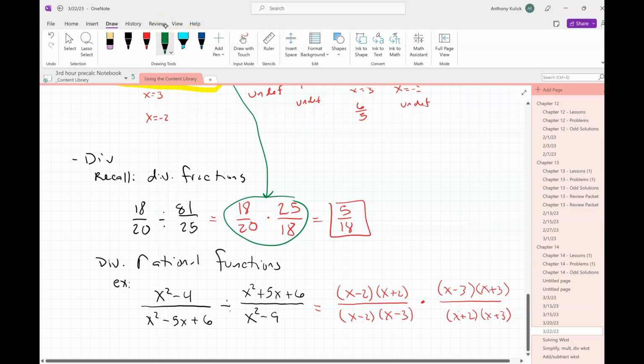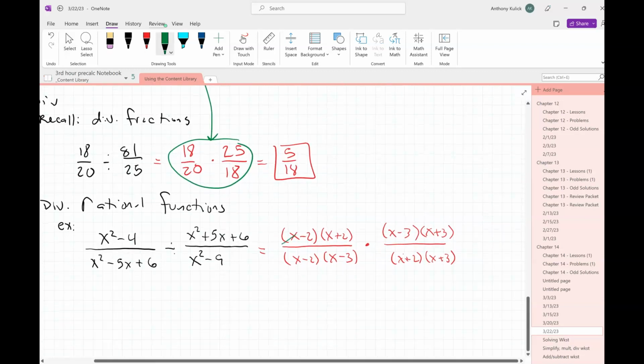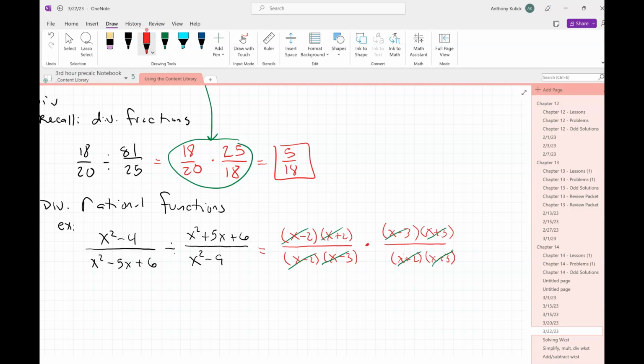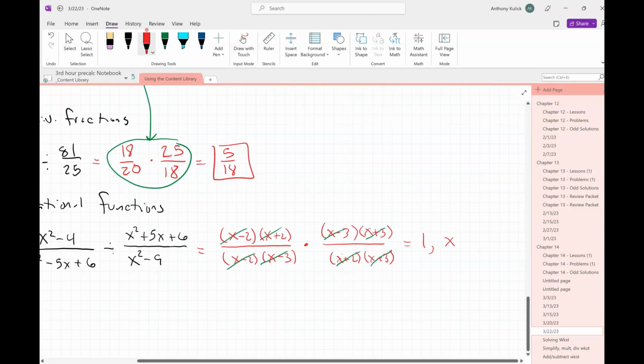Is everybody okay with what we did there? Yeah. I did the flip and the factor at the same time just to save a step, because it's a lot of writing and it's a pretty obvious thing to do. So my answer should be almost... x equal to plus or minus 2, plus or minus 3.